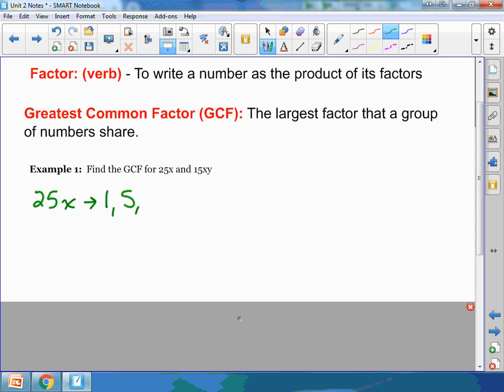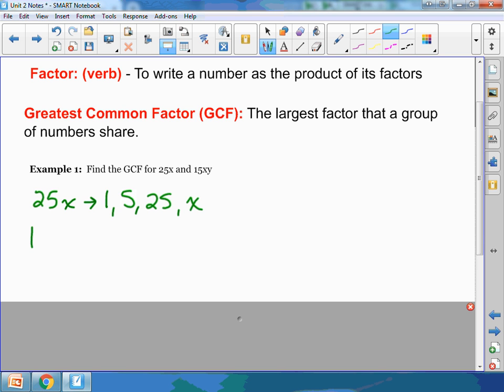Is that it? 25. Okay. Did we get all the numerical factors? And then we have the variable factor of x. Very good. But numerically, yeah, it's 1 times 25 or 5 times 5. Those are the factors that we're talking about there. And then obviously we have that x, so that's considered a factor of this term.